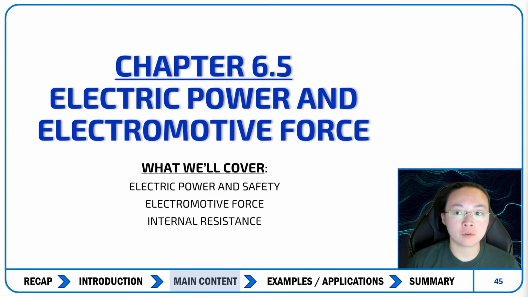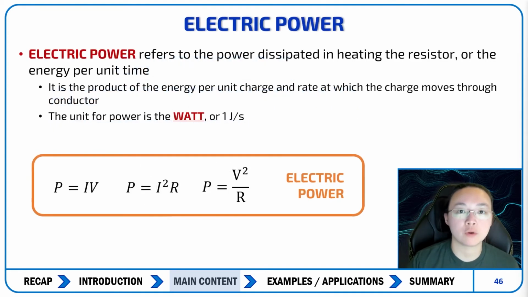So now let's move on to electric power and electromotive force. We've now learned about capacitance from the previous chapter. We now know about current and resistivity. And we now want to take a look at how to calculate different components of electric power, and then move on to circuit components. Electric power refers to the power that's dissipated in heating a resistor, or the energy per unit time.